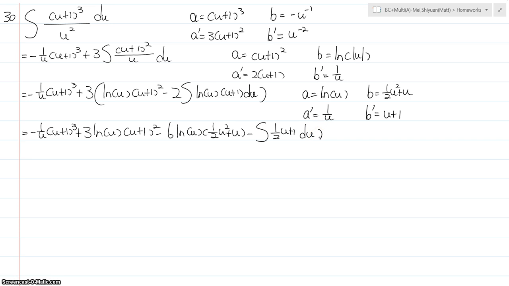To simplify this further, it will be negative 1 over u times (u plus 1) cubed plus 3 ln u times (u plus 1) squared minus 6 ln u times (1/2 u squared plus u).